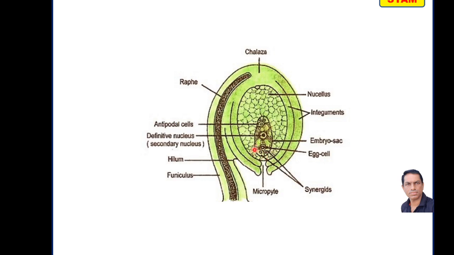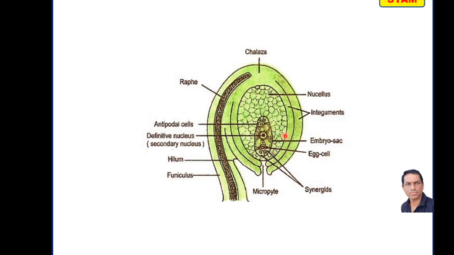This is a haploid structure, whereas the nucellus is diploid. How the haploid female gametophyte is developed, this process is known as megasporogenesis.